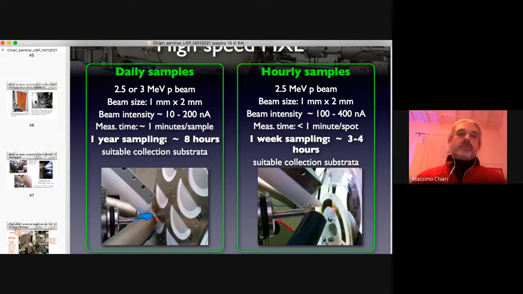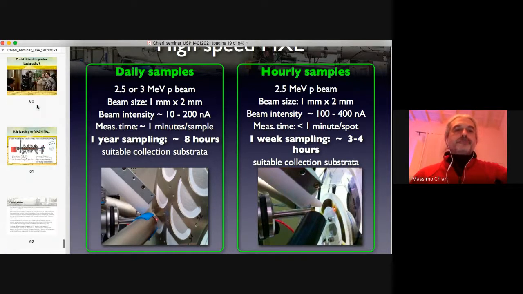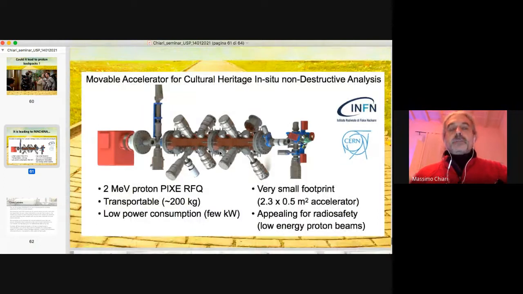And indeed it is possible. But then the challenge is to reduce the intensity of the beam, and that can be done in different ways. For example, you can reduce the intensity of the beam from the source.